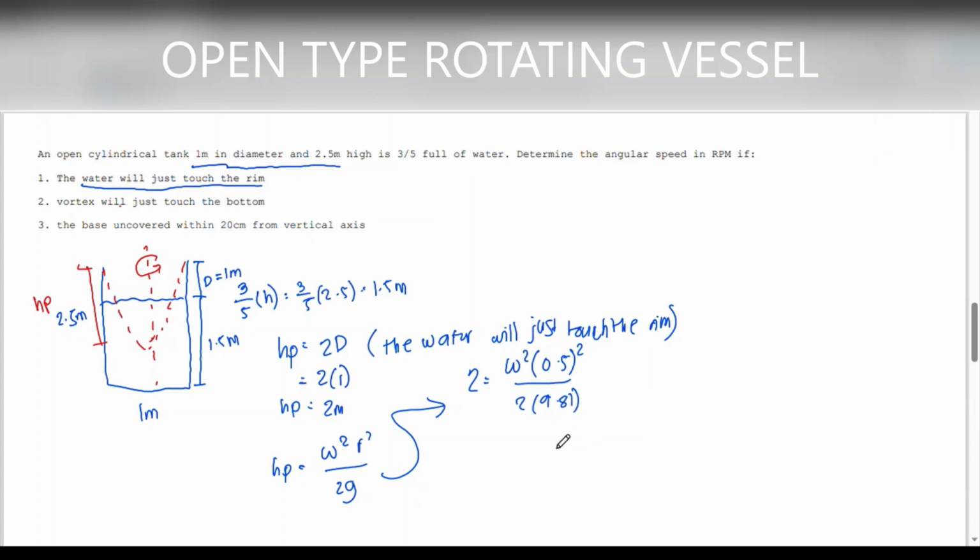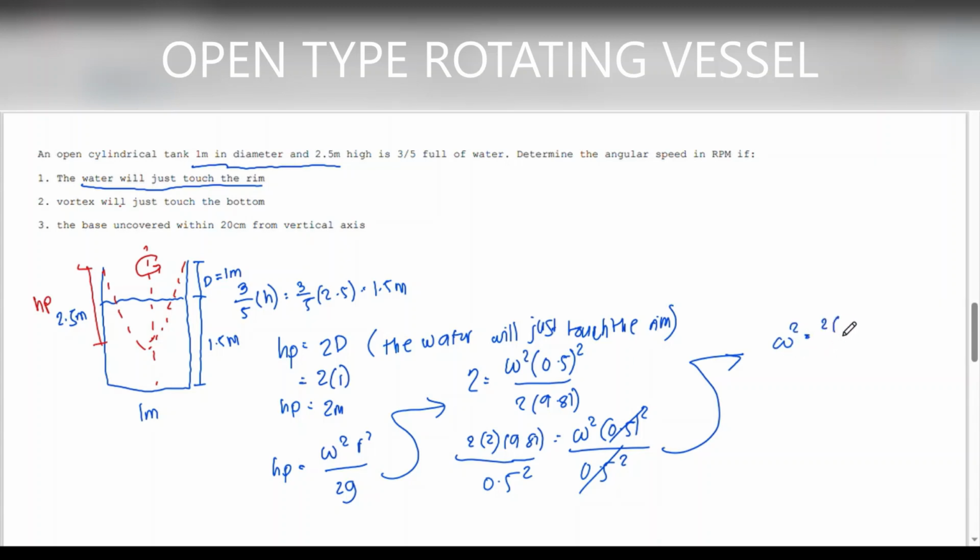So 2 times 9.81 is equal to omega squared times 0.5 squared. So for us to determine the value of omega, divide both terms by 0.5 squared. So you'll be left with omega squared is equal to 2 times 9.81 all over 0.5 squared. So for us to determine our omega, we have to extract the square root.